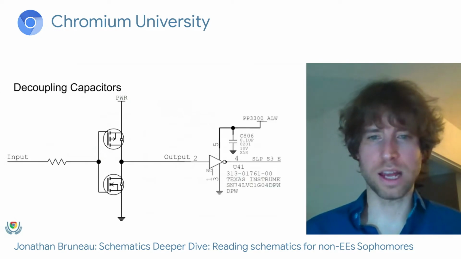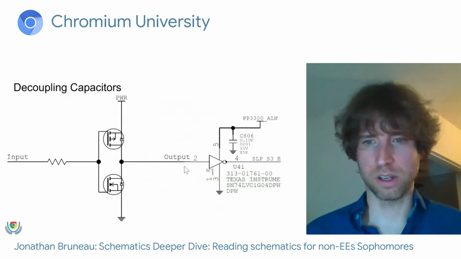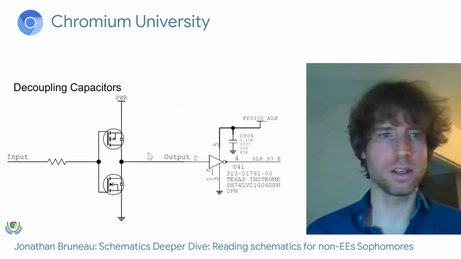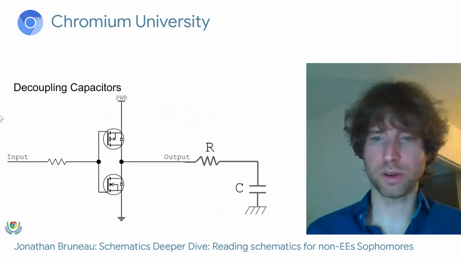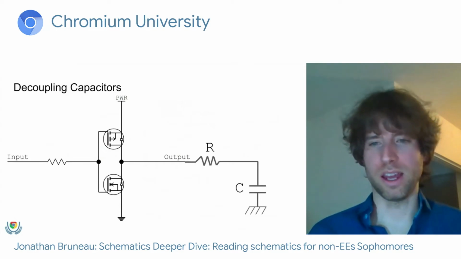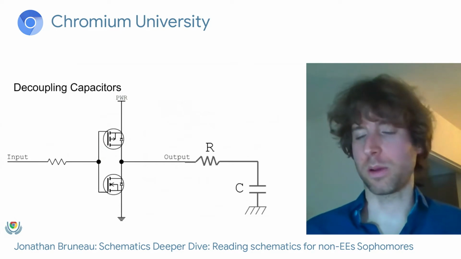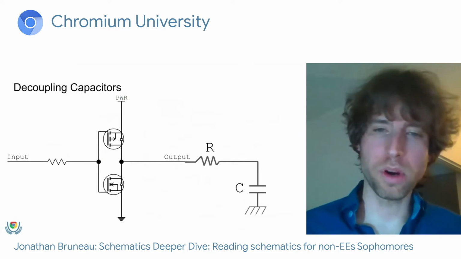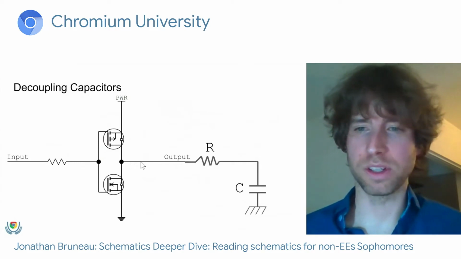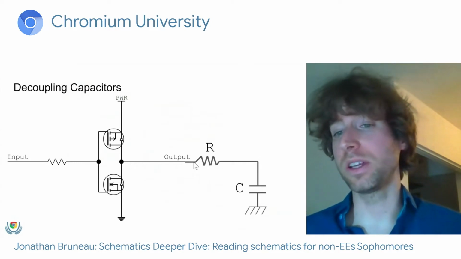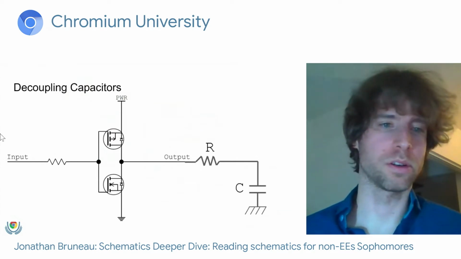So suppose I connect my two transistors here to an inverter on this end. Well, this really translates to a resistor and a capacitor to ground. So from the point of view of these two MOSFETs, they will see going into the inverter a resistor and a capacitor to ground.